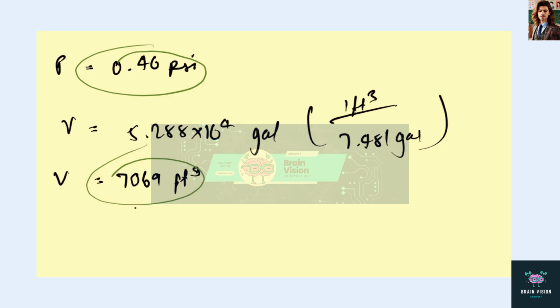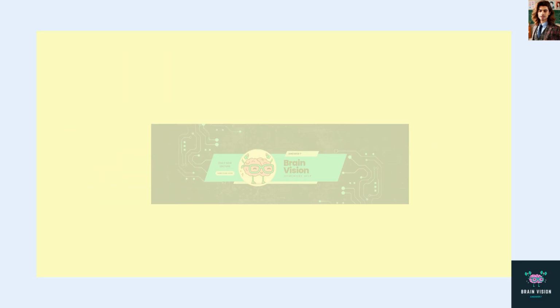Temperature in degrees Rankine is 90 add 460, and the gas constant in Rankine is 10.73. We can calculate the number of moles using the following equation. N equals PV over RT. Substitute in our values.